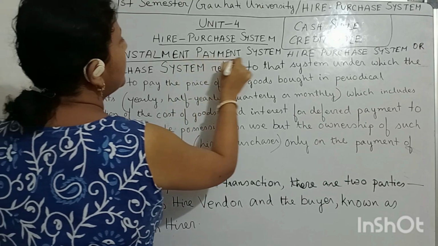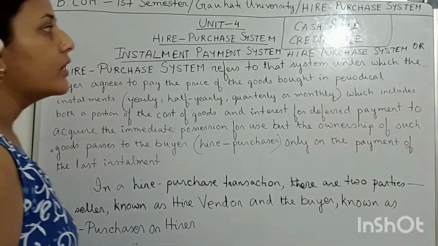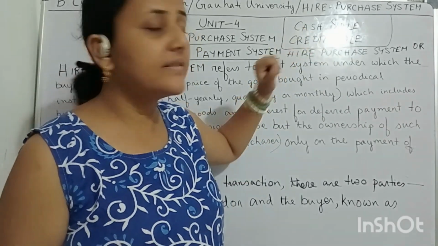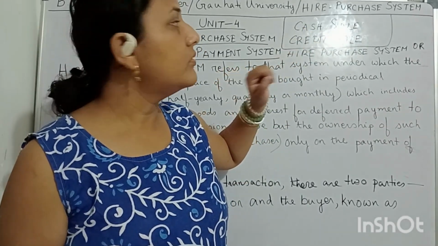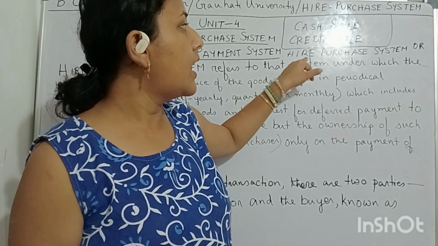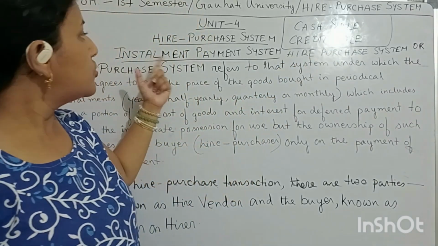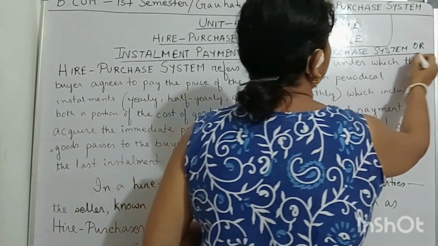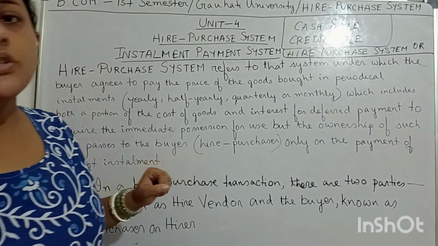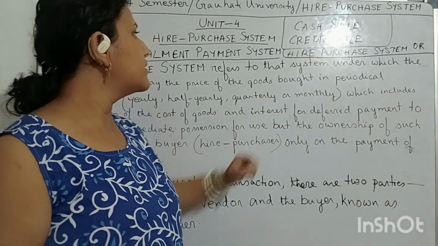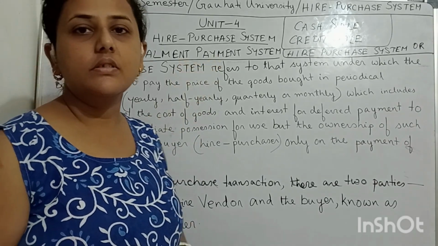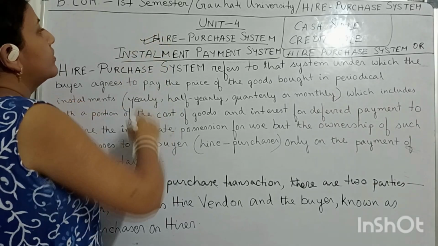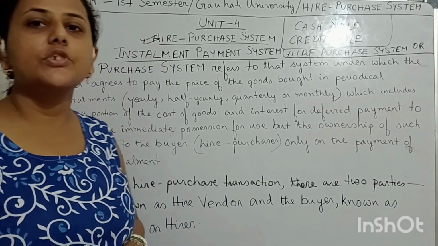So there are these two methods of sale, that is cash sale and credit sale, and there is also hire purchase system or installment payment system. So in this unit we are going to learn about hire purchase system and installment payment system. Let us start with the first method, that is hire purchase system.